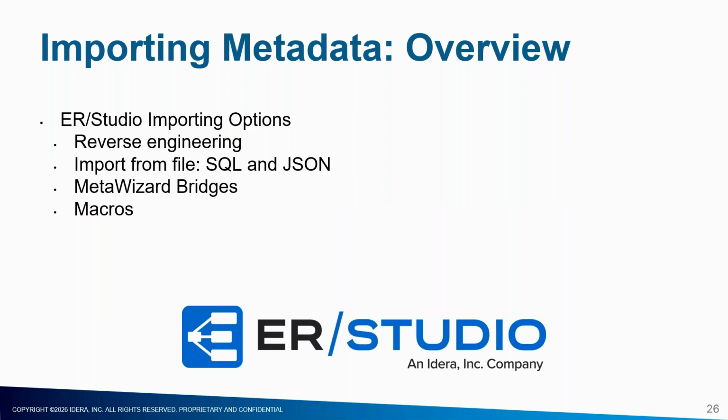We started off with reverse engineering, importing from a file, the MetaWizard bridges, and then the macros. These are structured in the order where you'll typically get the most detailed information and have the most options to choose from when selecting the metadata you want to bring in.